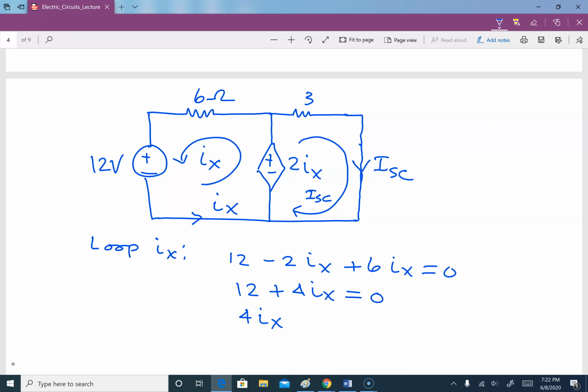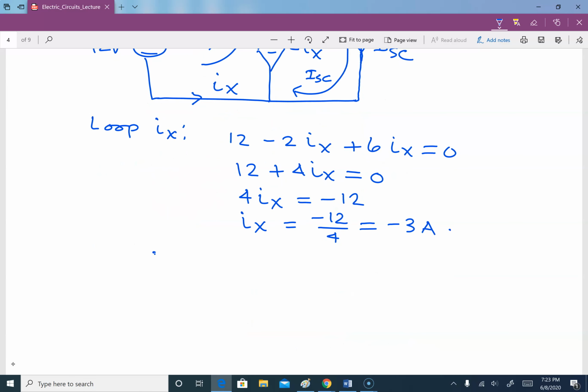So 4ix is equal to negative 12, and ix is equal to negative 12 over 4, that is negative 3 ampere. So from that, the source 2ix is equal to 2 times negative 3, that is equal to negative 6 volts.